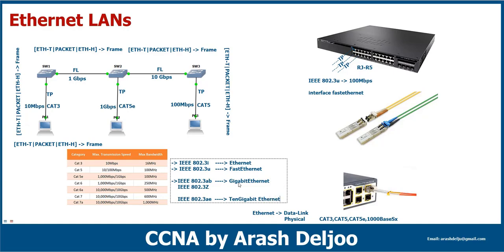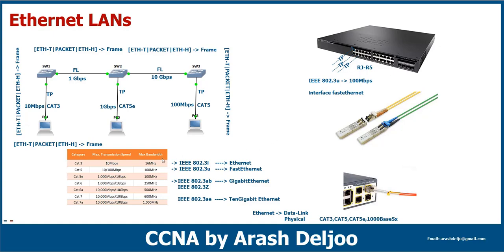Because of that, when you say 10 gigabit Ethernet, I can understand that you are talking about the IEEE 802.3ae, for example. When you say we have gigabit Ethernet, I can understand that you are talking about the IEEE 802.3ab. And because of that, we have another terminology about these different Ethernet types.